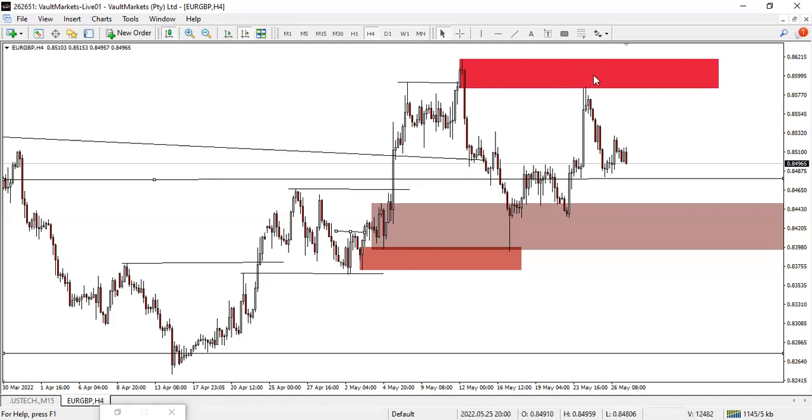So this high that mitigated this top, where did it start? It started all the way down here, and then it broke this structure here with this candle.